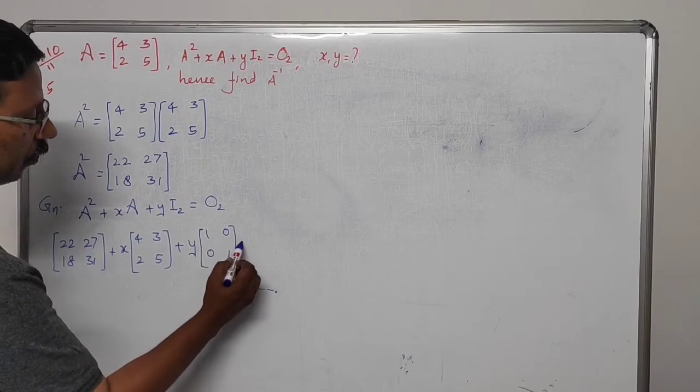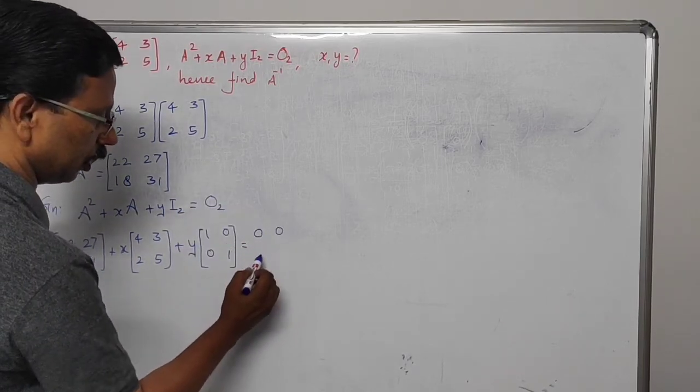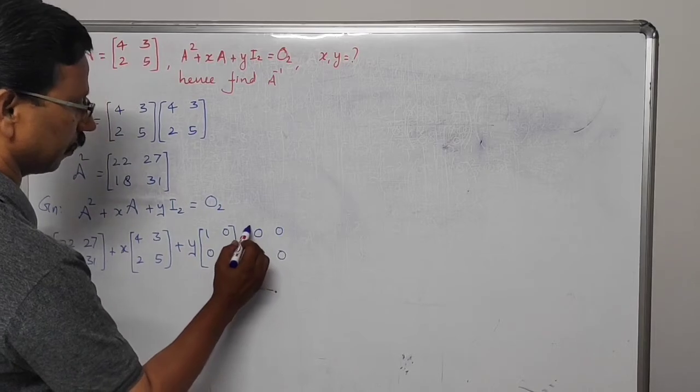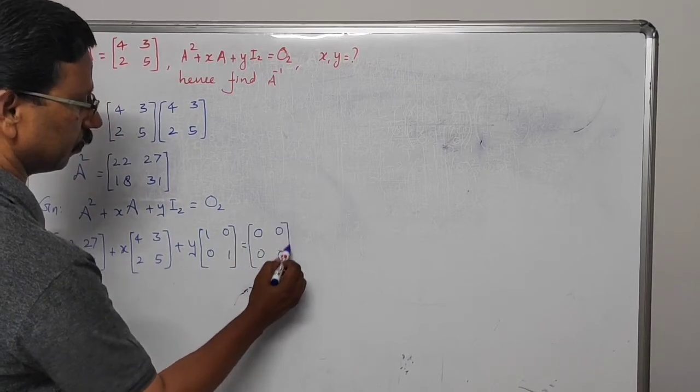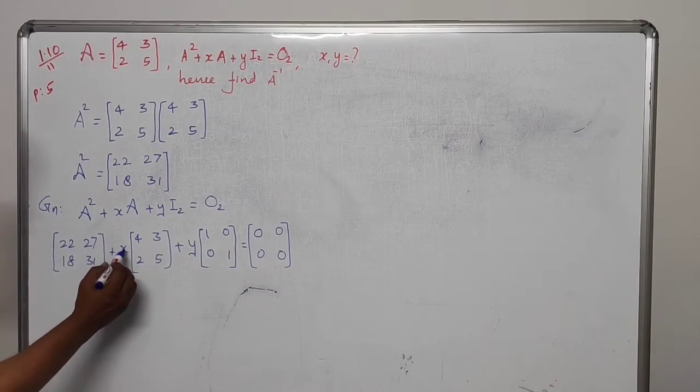Which is equal to the null matrix of order 2, 0, 0, 0, 0. Yes, now after that you can multiply x inside, similarly y inside.